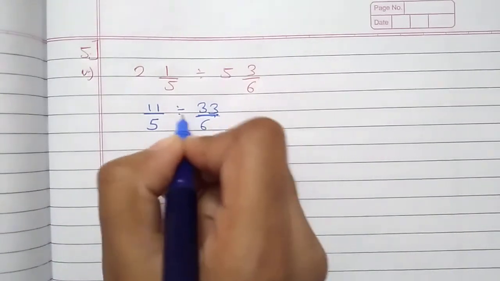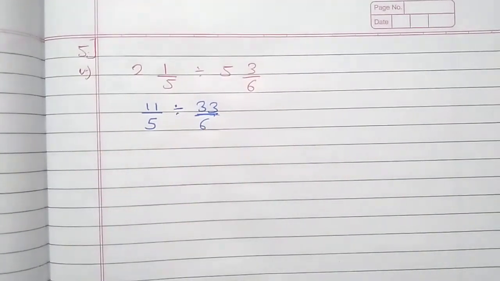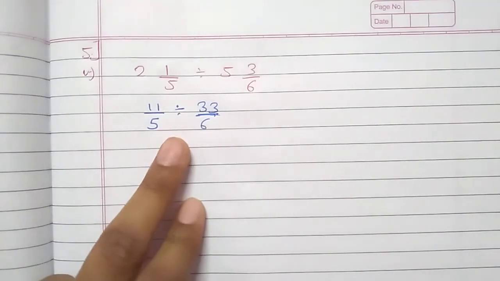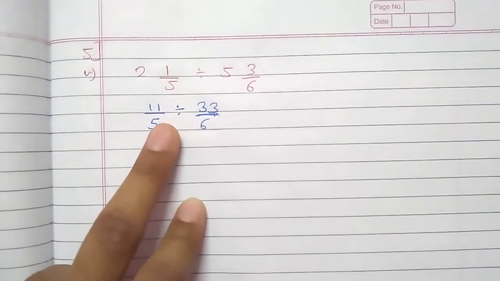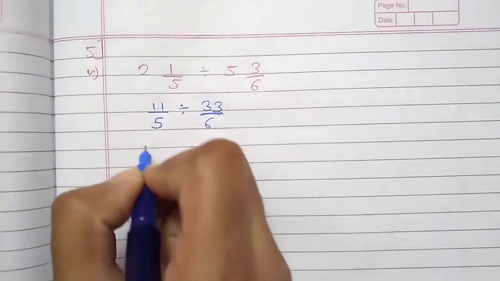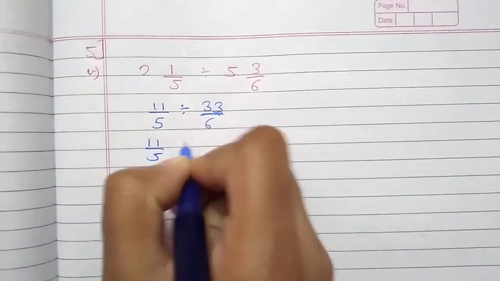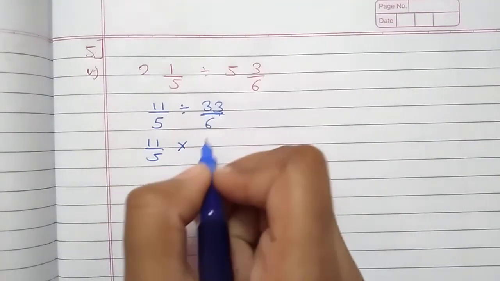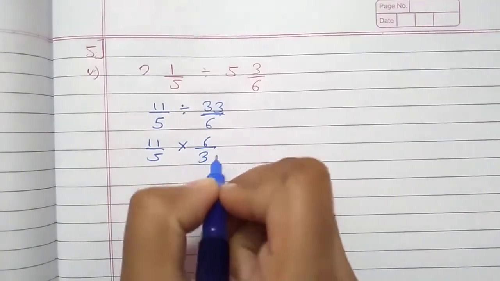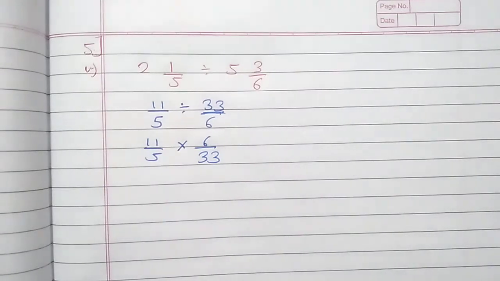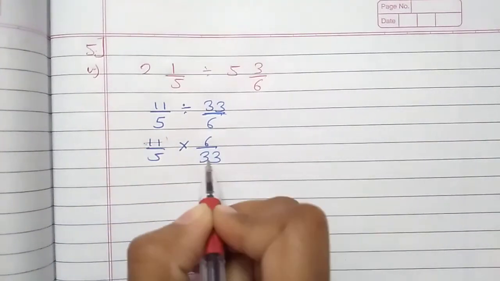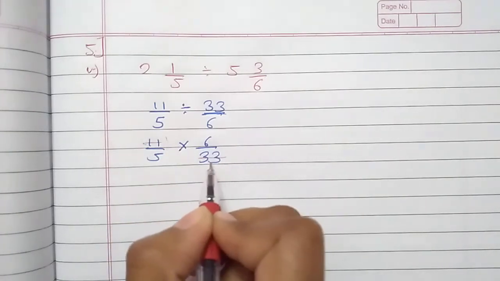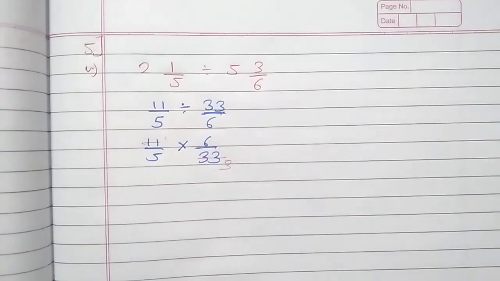Now first what we'll do first, we have to convert this into multiplication form. Okay, 11 upon 5 as it is, divide converted to multiplication, 6 upside, 33 downward. Now this 3 1s are means 11 1s are and 11 3s are.